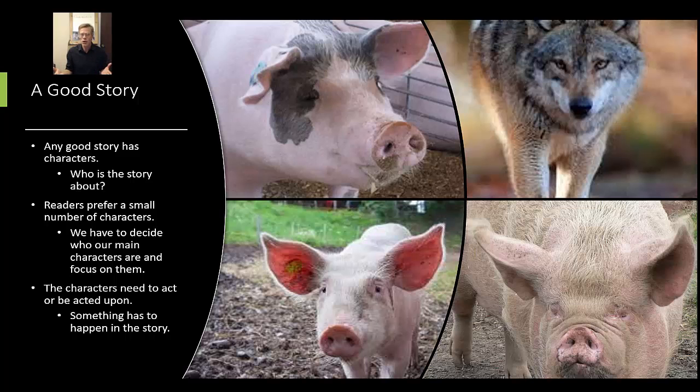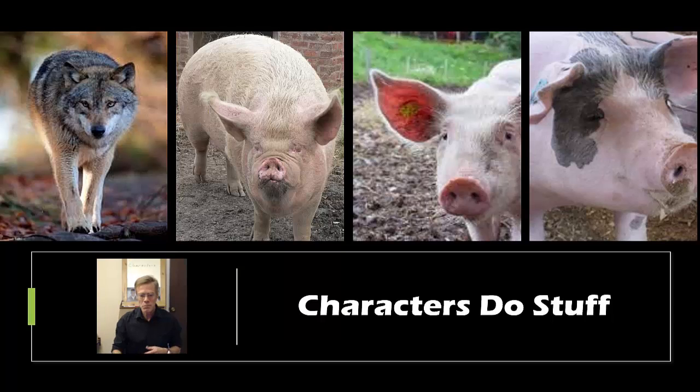That's a good story. A little violent, but it's a good story. Things happen, right? And that's the point, is the characters in a story do stuff, right? And even if you're telling a story about something really abstract, you still want it to do things.